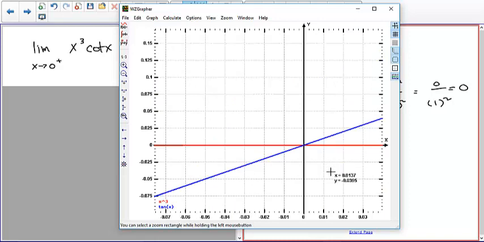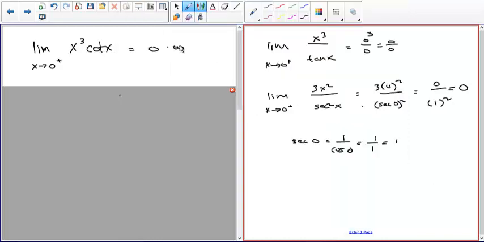What you can see is that the red curve, which is x cubed, is going to be very small relative to the tangent of x. And as you get closer and closer to x equals 0, this thing flattens out even more. And so when you have the ratio of x cubed over the tangent of x, it goes to 0, because the y coordinate gets smaller and smaller. So that's what's happening graphically, which agrees with what we got from L'Hopital's rule.